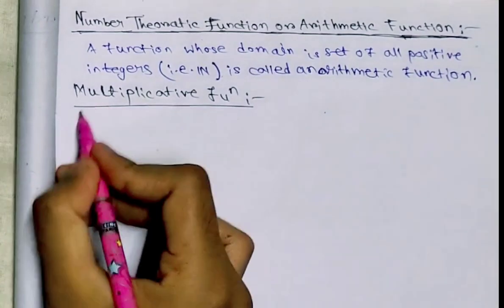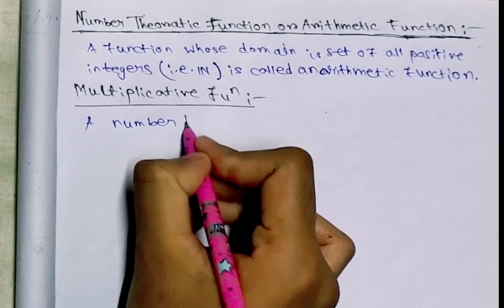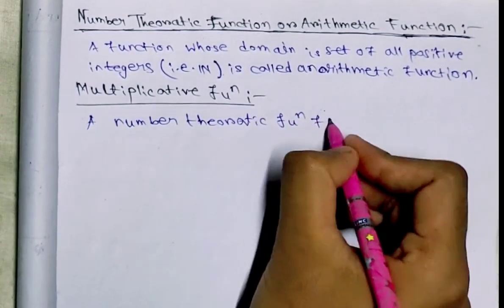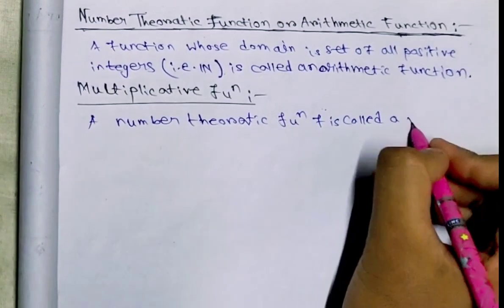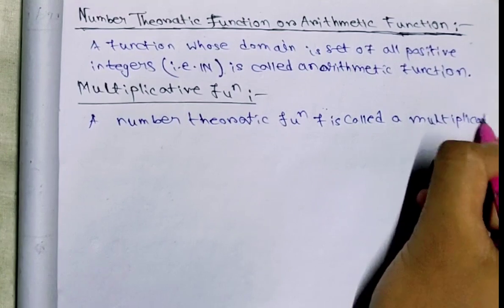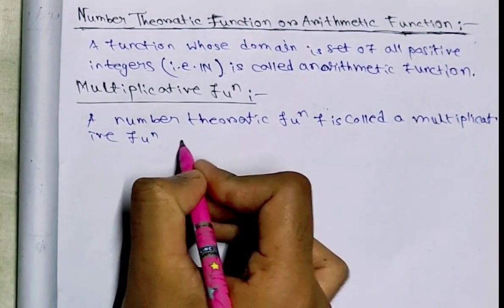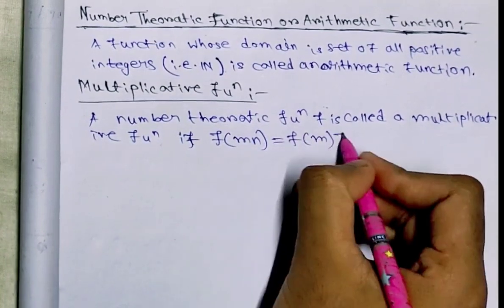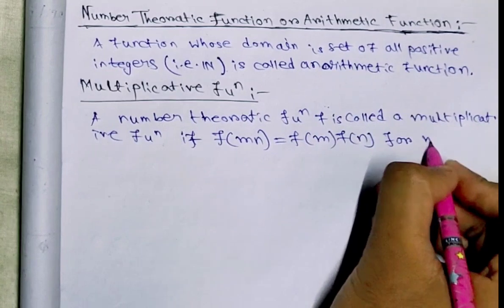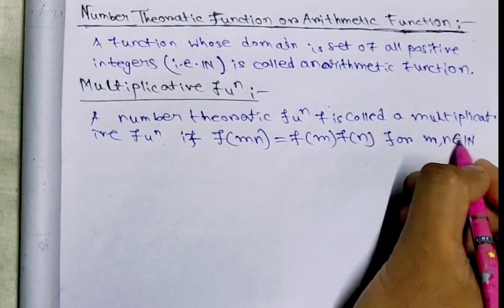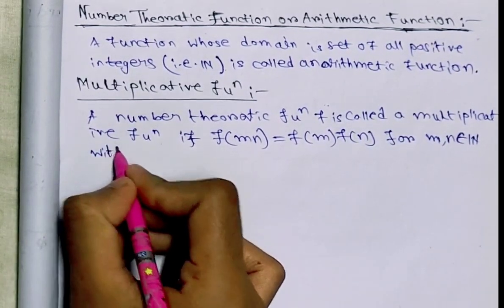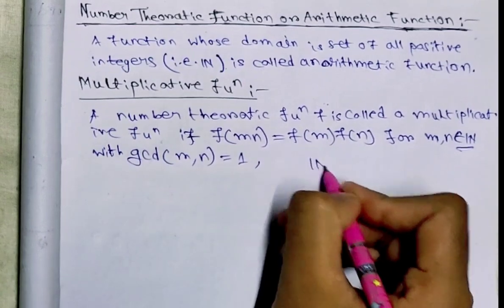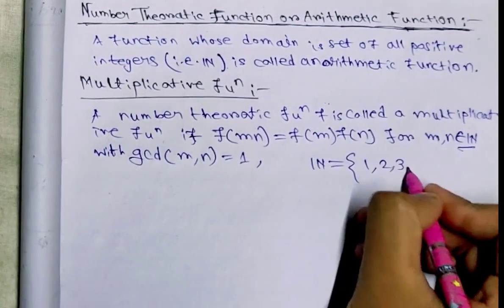A number theoretic function is called a multiplicative function if it satisfies the multiplicative property, which is f of mn equals f of m into f of n, for m and n belonging to natural numbers with GCD of m and n equals 1. अगर आपको नेचुरल नंबर का सेट नहीं पता तो नेचुरल नंबर equals 1, 2, 3 and so on.